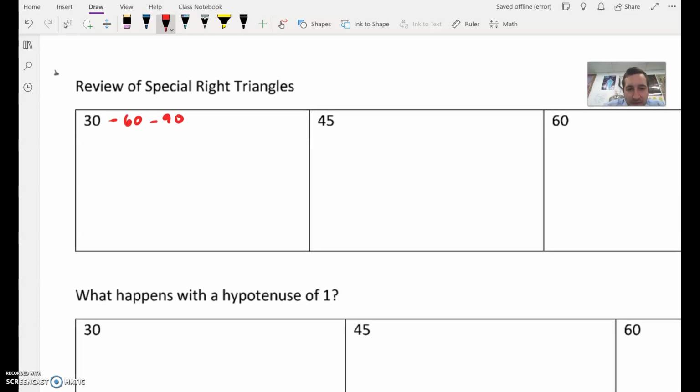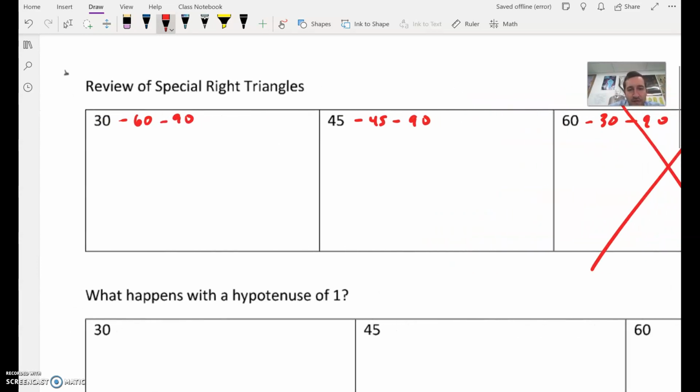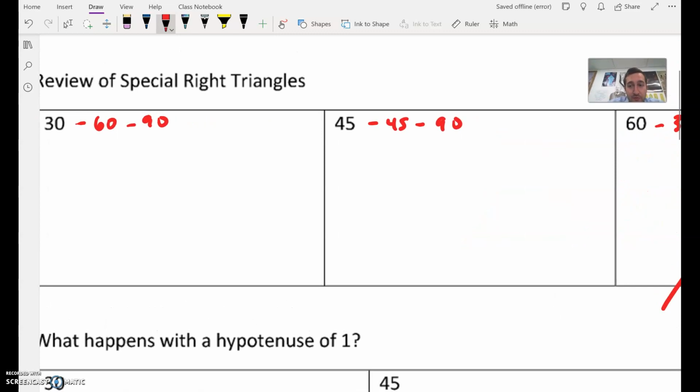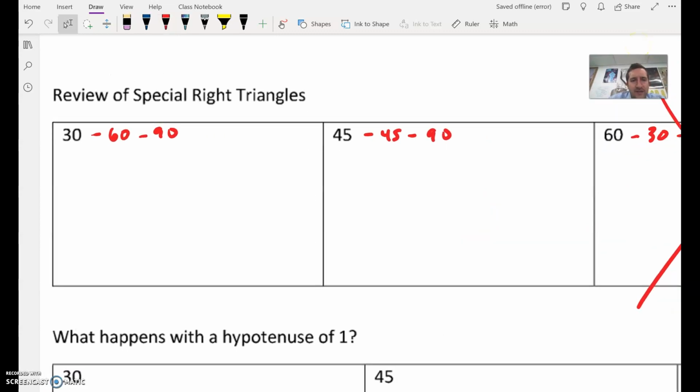That's one of them. And then we've got a 45, 45, 90. Those are the two special ones. I'm just going to ditch this one because it's just 30, 60, but it's backwards. It's 60, 30, 90, it's the same. So we're going to look at these two because I don't want you to feel like there's 3. There's really only 2 special right triangles. Why are they special? They've got some really core relationships here. And I'm going to show them to you in 4 minutes.